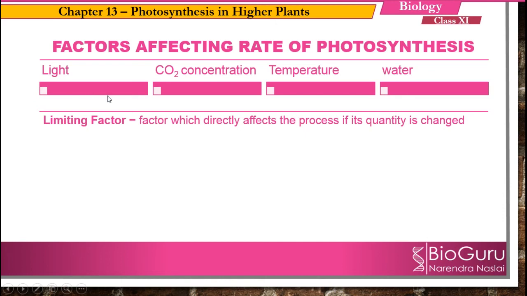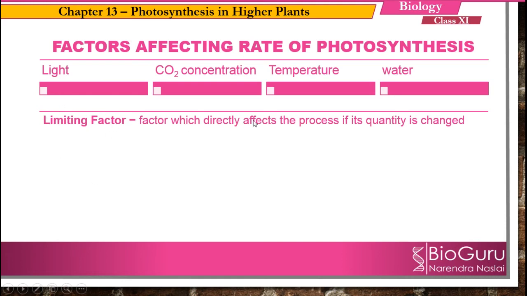So the factor which directly affects the process, if its quantity is changed, if any one of the factors' quantity is changed, then photosynthesis is affected. The factor is called a limiting factor. So what is a limiting factor?